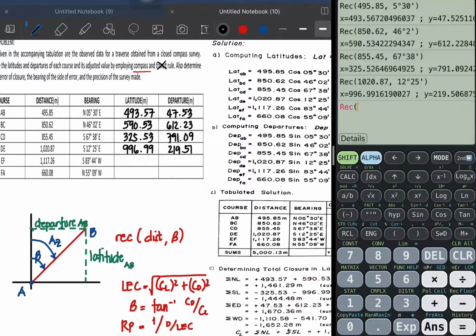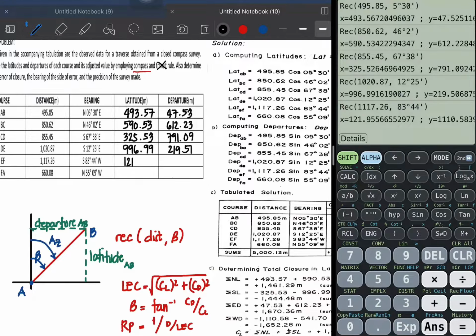Then next line is 1117.26, and then 83 degrees 44 minutes.